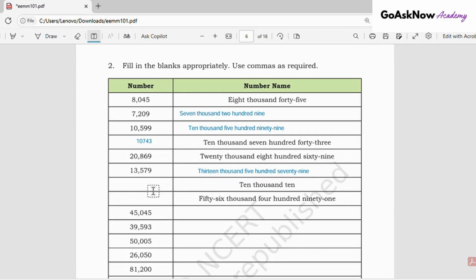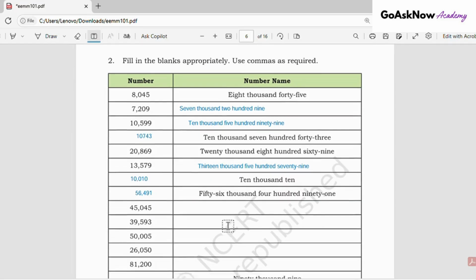Okay. Here, 10,010, which is 10,000, 10,010. Next, 56,491. Here before the hundreds we have to add a comma.